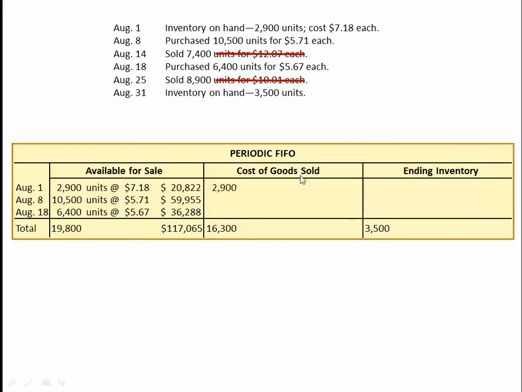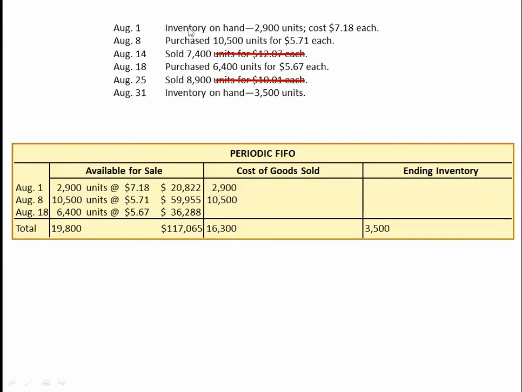So first in, first out, these numbers 2,900 and 10,500. First in was this at 2,900. So 2,900 units are going to be recorded. We need 16,300. So we get 2,900 from here. We get 10,500 from the next purchase. Remember, first in, first out.